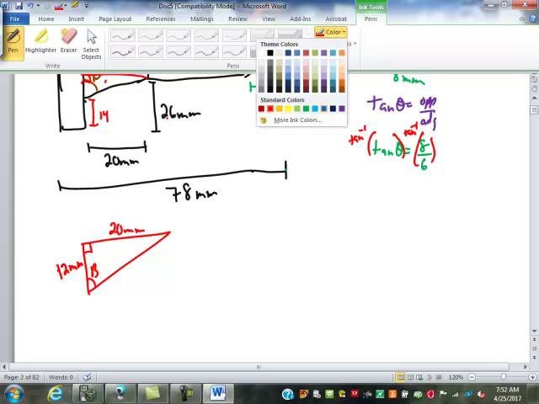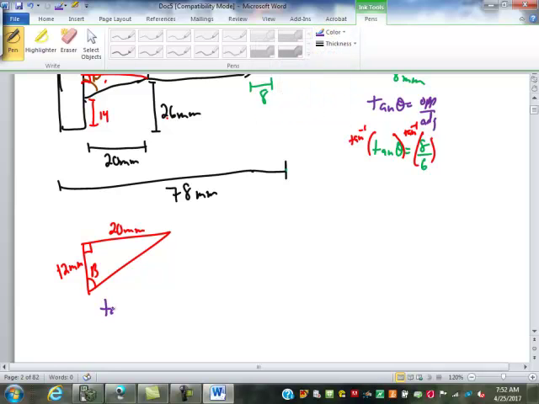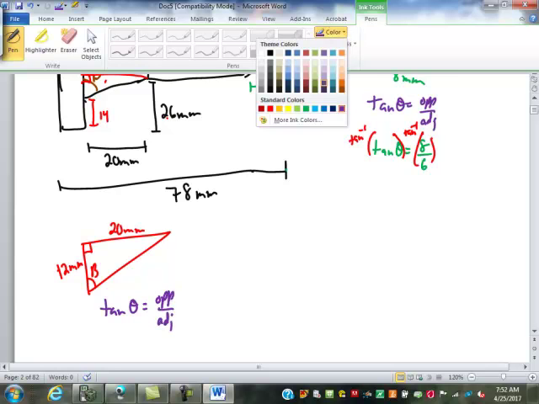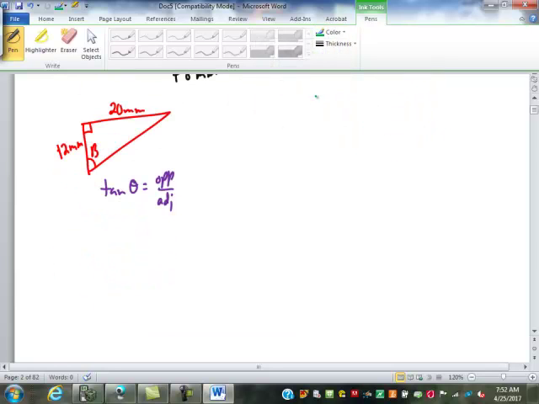So B is going to be a tangent again. Opposite over adjacent. We're looking for the angle B. Opposite's 20, adjacent's 12.